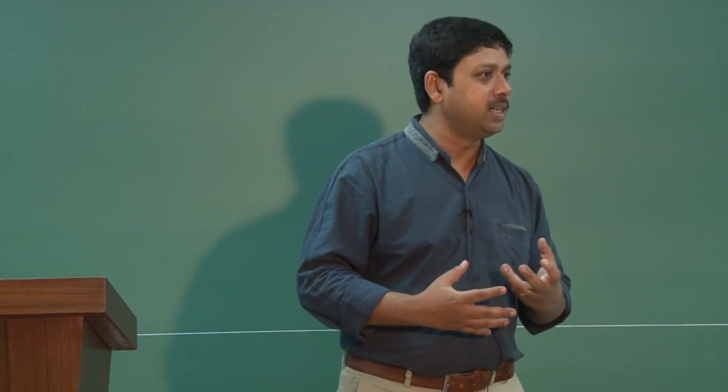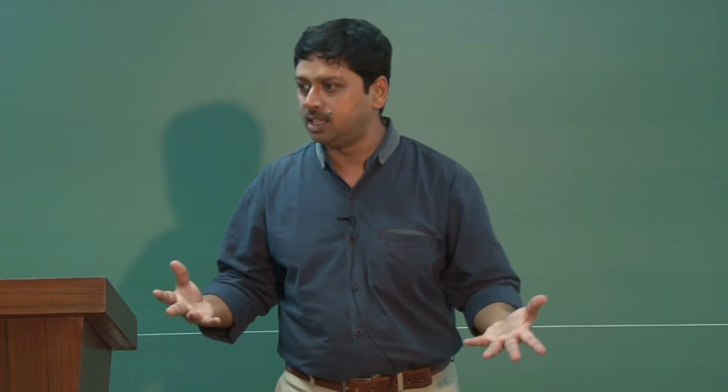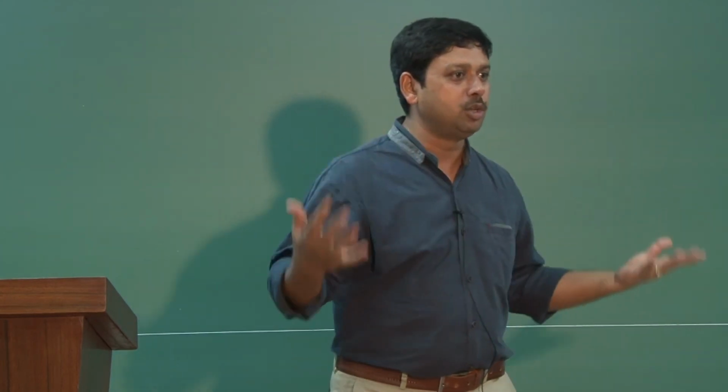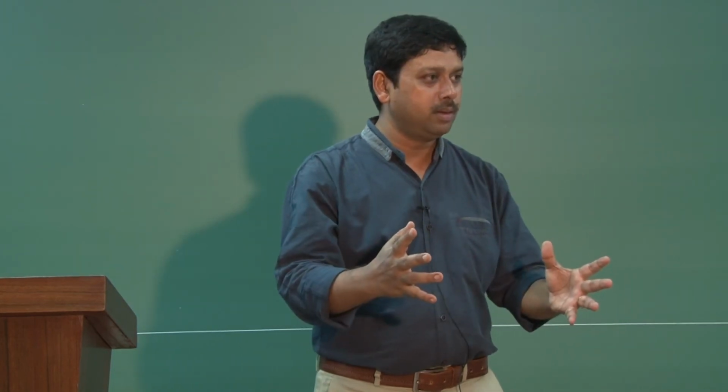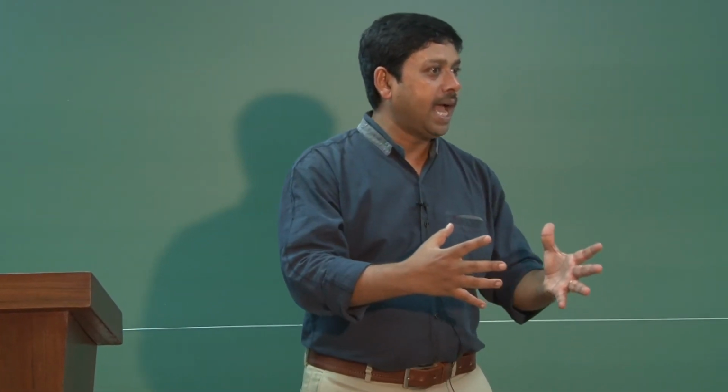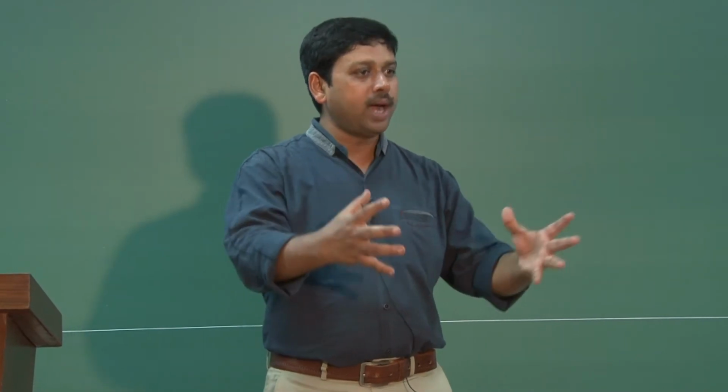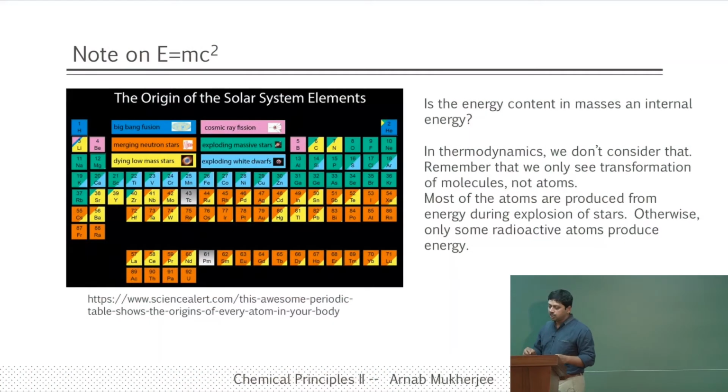create mass from energy. Initially in the Big Bang everything was energy, as I said; the temperature was 10 to the power 31 Kelvin. After that, mass and matter formed, and the formation of that matter required enormous energy. This is a table taken from a particular website that shows what kind of events created what kind of matter.